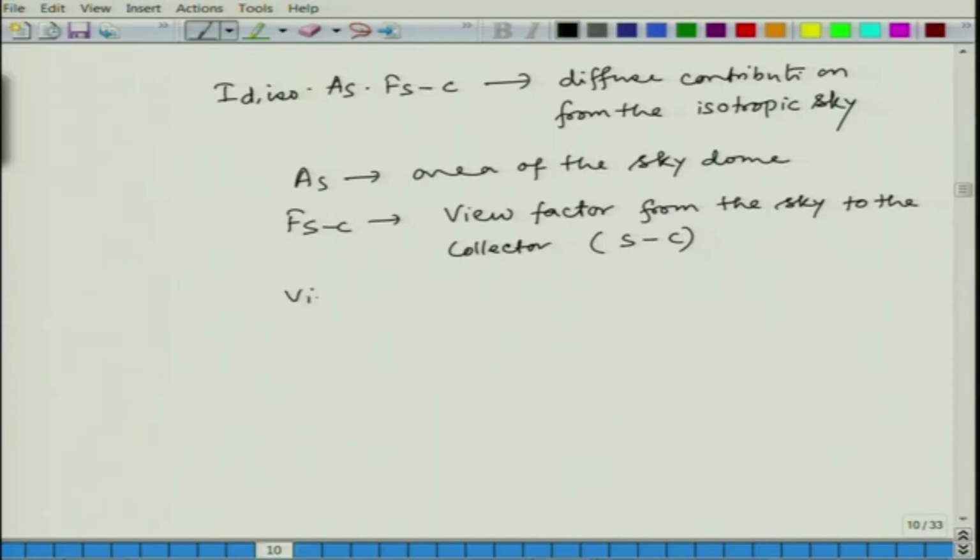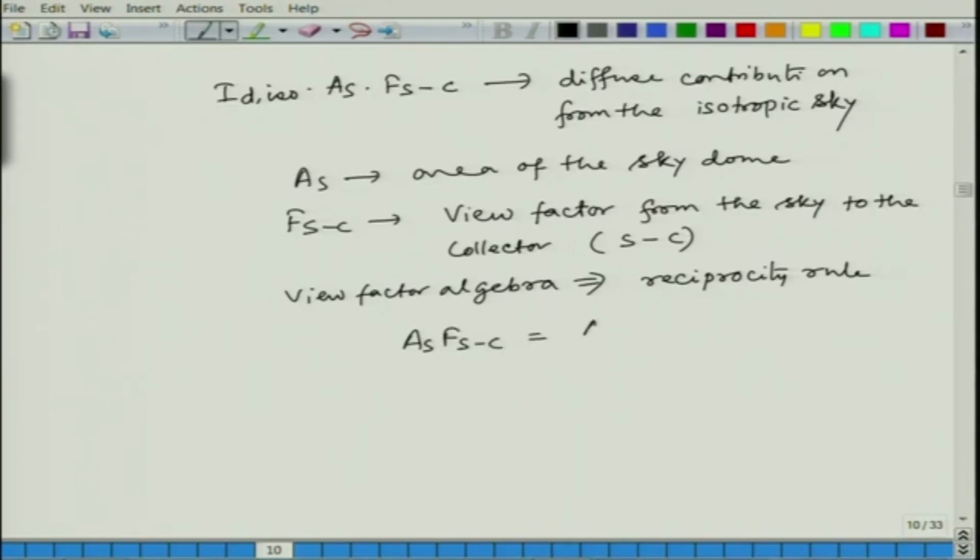So, view factor algebra also gives us the reciprocity rule. What does it mean? It means that this AS multiplied by FSC will be equal to AC multiplied by FCS.